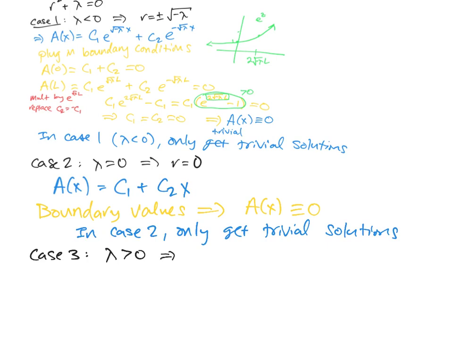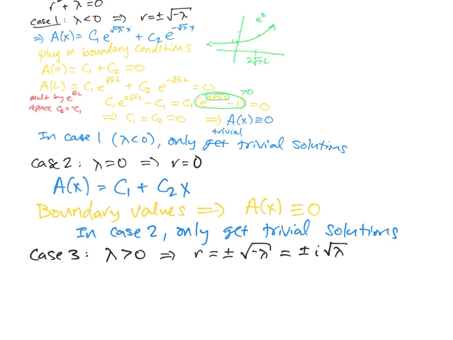And then our r will equal plus or minus the square root of negative lambda, which, because lambda is positive and negative lambda will be negative, what we get are plus or minus i square root of lambda. So we have complex roots.